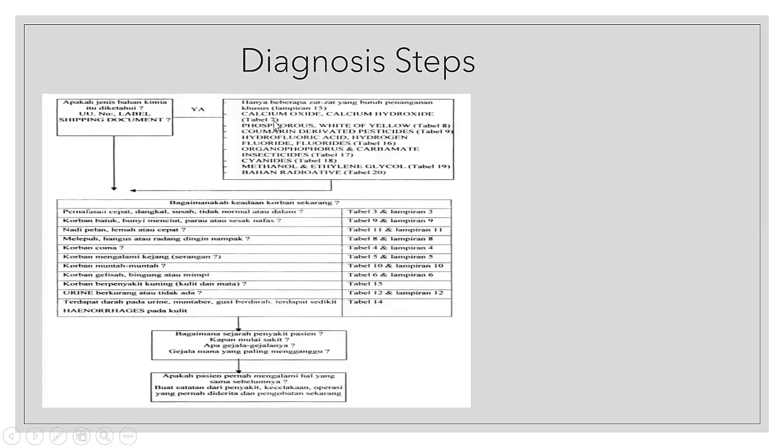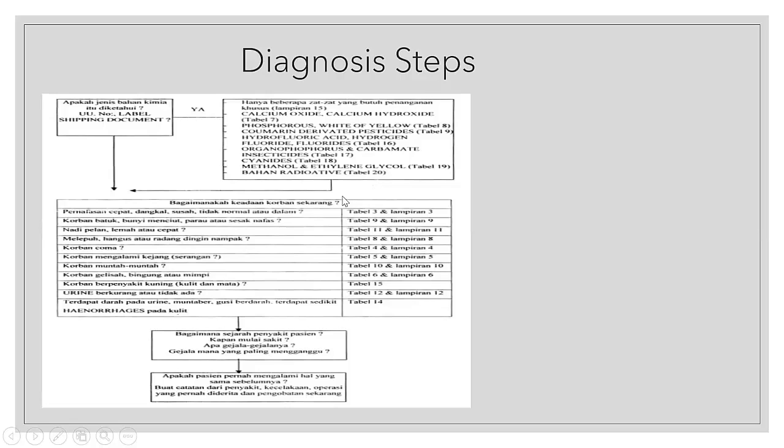For example, if it involves calcium oxide or calcium hydroxide, see table 7; white or yellow phosphorus, see table 8; coumarin derivative pesticide, table 9; hydrofluoric acid, hydrogen fluoride, table 16; organophosphorus and carbamate insecticide, table 17; cyanide, table 18; methanol and ethylene glycol is table 19; and radioactive material, see table 20. So these are the substances with assistant tables that can be referred to.